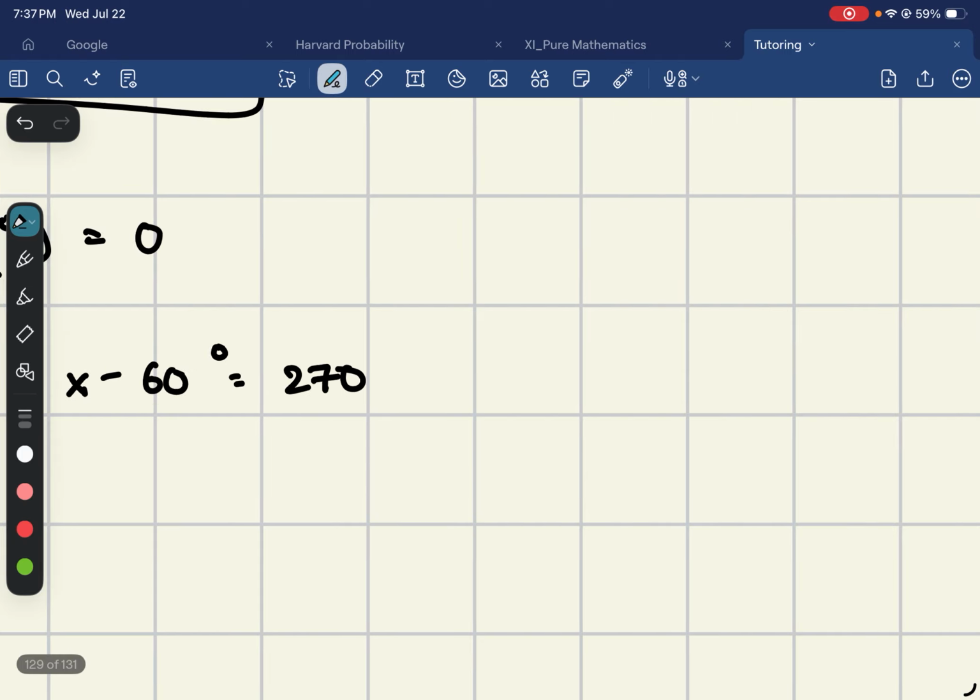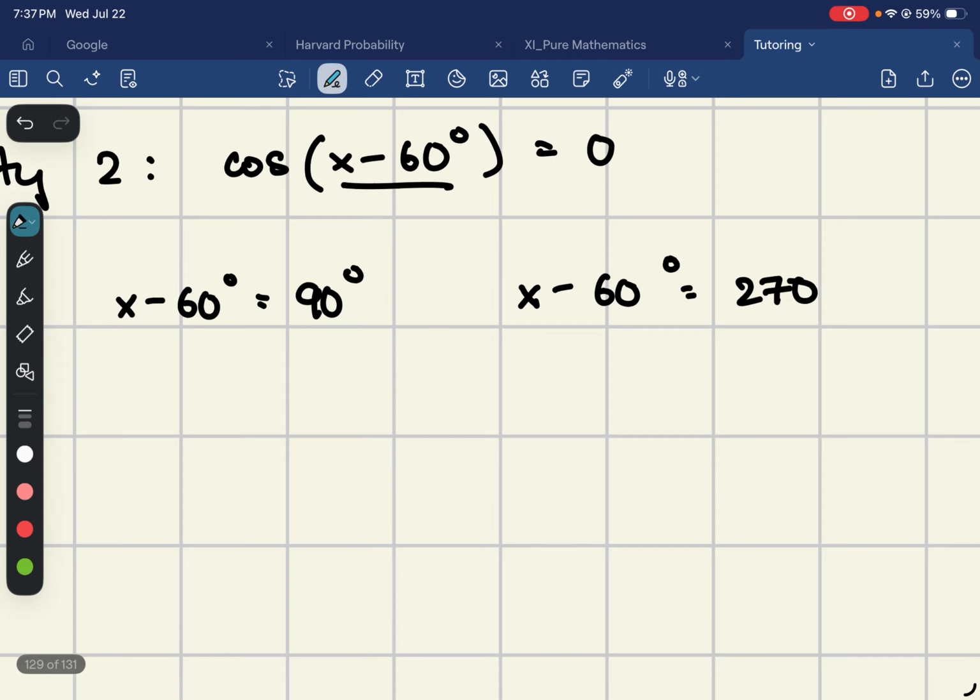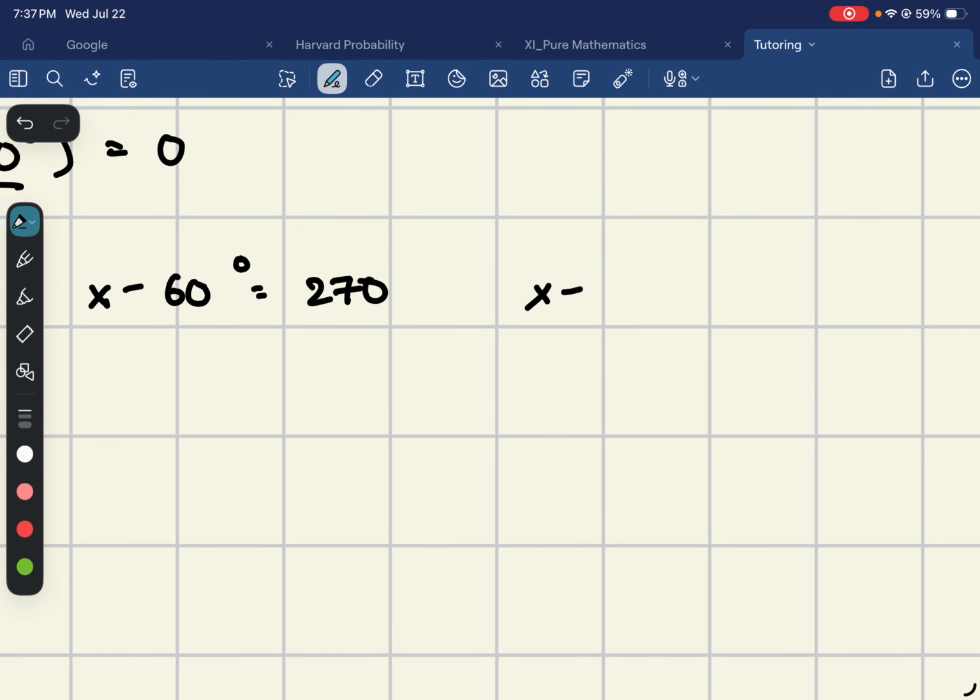But we can always check. Okay, I think these two are it, to be honest. But we can always go for one more odd multiple. And the next odd multiple is, I think, 540. Right? So if you draw your cosine curve, you'll see that cosine 540 is also 0. Sorry, not 540. So it's going to be 270 plus 180, 450.